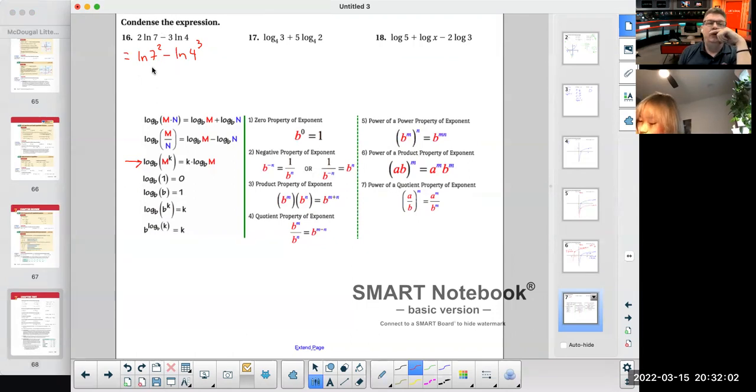So then this would be ln of 49 minus ln of 64. And then I'm going to use this rule. Ln of 49 over 64. And we can't simplify that fraction. So we're good.